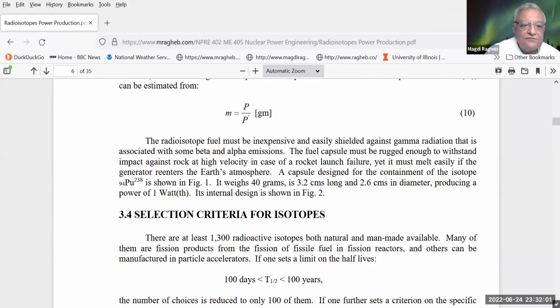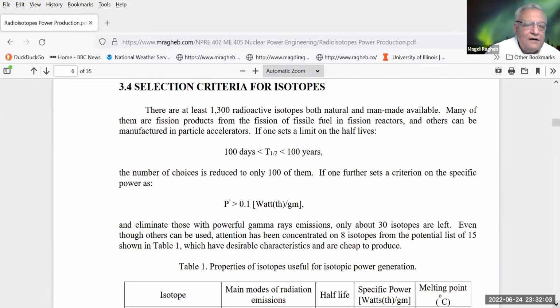There are thousands of them, 1,300 isotopes that we can identify, man-made and in nature. Imagine the number of isotopes we have, but they have different half-lives. So if we want to think from an engineering perspective, you have to set limits on the choice of these different isotopes.